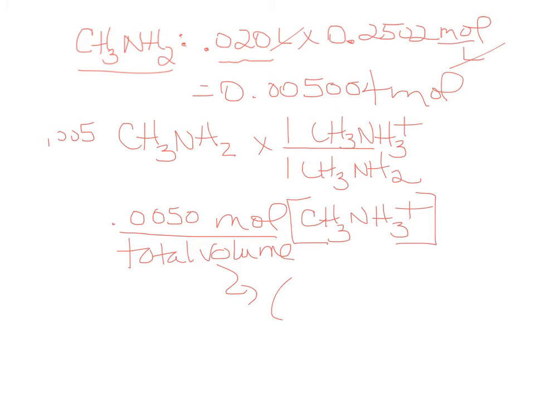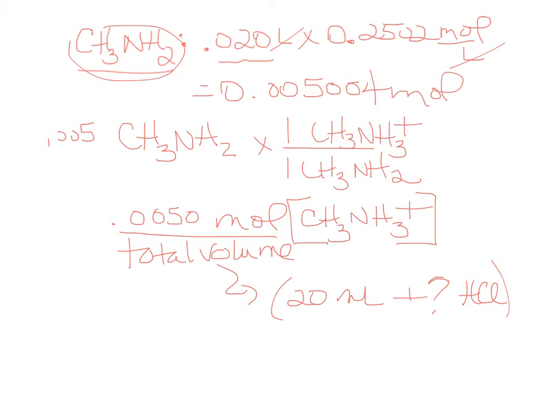So we had 20 milliliters of the methylamine. And then how many milliliters did we add of HCl to reach the equivalence point? If you go back to the problem and read it, it doesn't tell us.